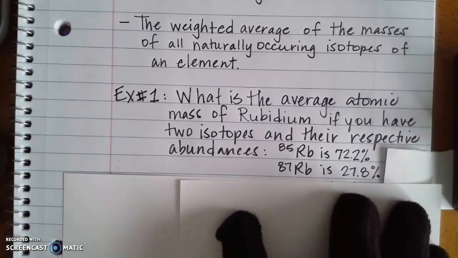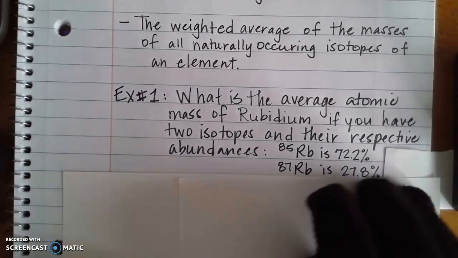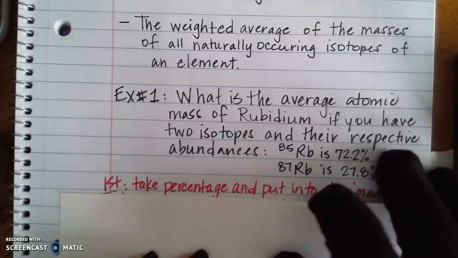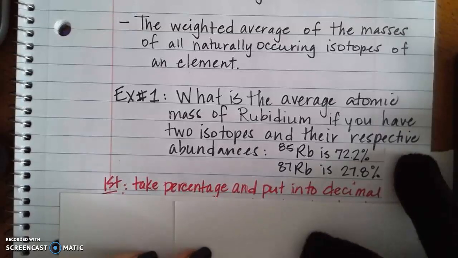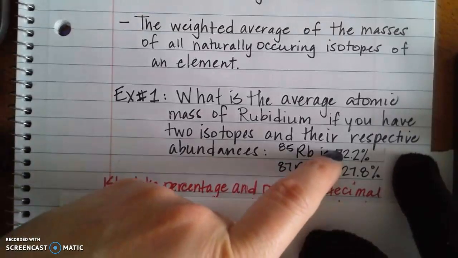So here we see the same problem that's in the paper. It says, what is the average atomic mass of rubidium if you have two isotopes whose respective abundances are these numbers? So here are your steps. Your first step is to take the percentage and put it into a decimal. Now if you'll recall, this is again out of 100.